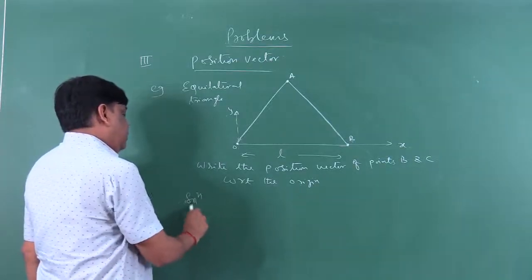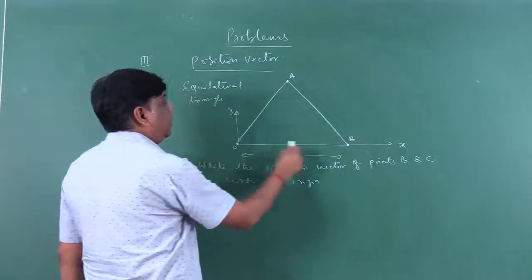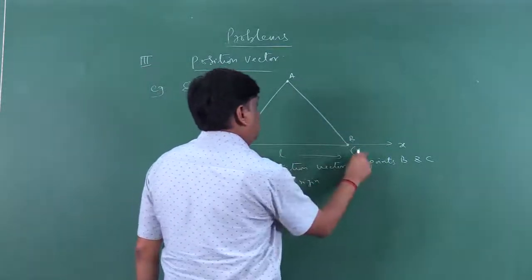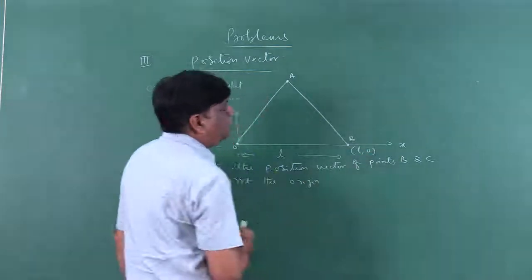So from the origin if we see, then the coordinate of this point B is nothing, it is x में L है और y coordinate बेटा 0 है.